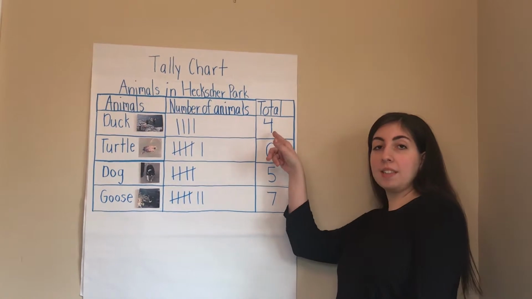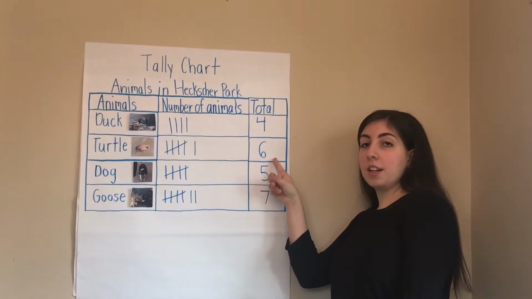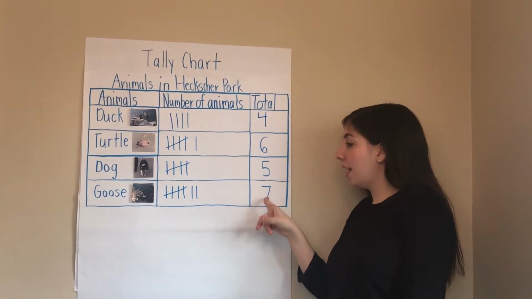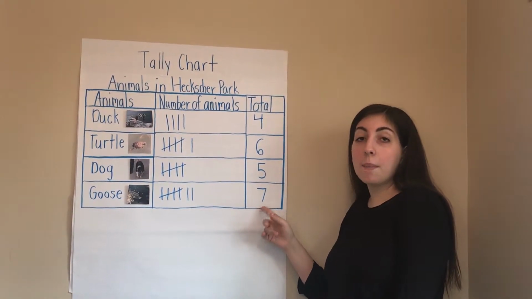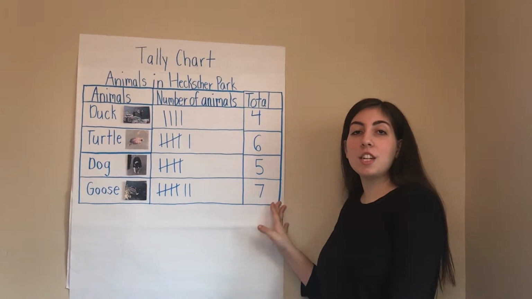Miss Lupo saw 4 ducks, 6 turtles, 5 dogs, and 7 geese. Does your tally chart look like mine? Pause the video and check, and make changes if you need to.